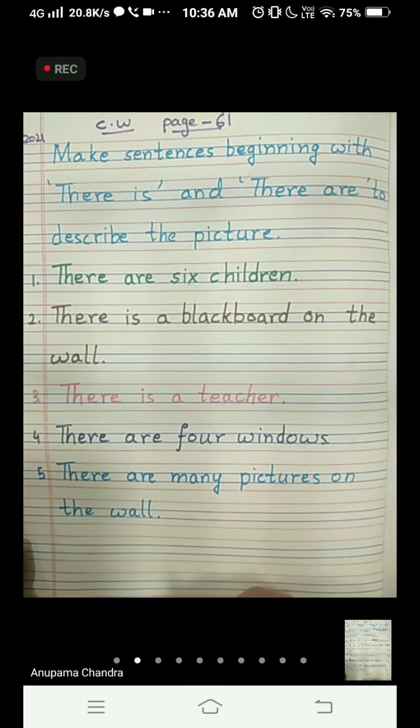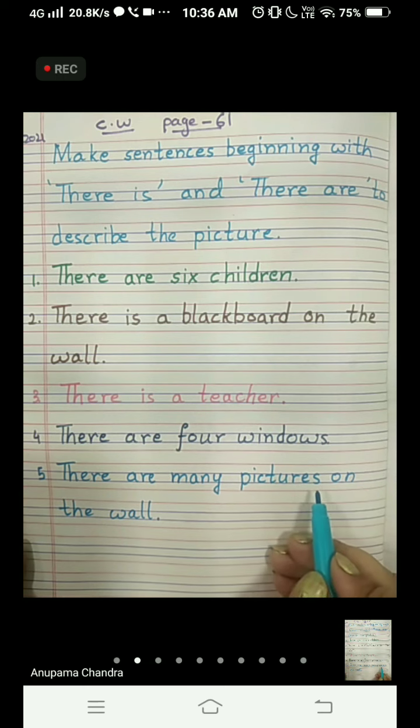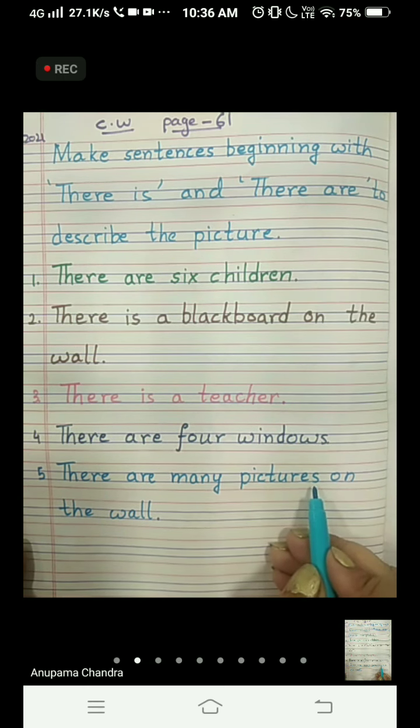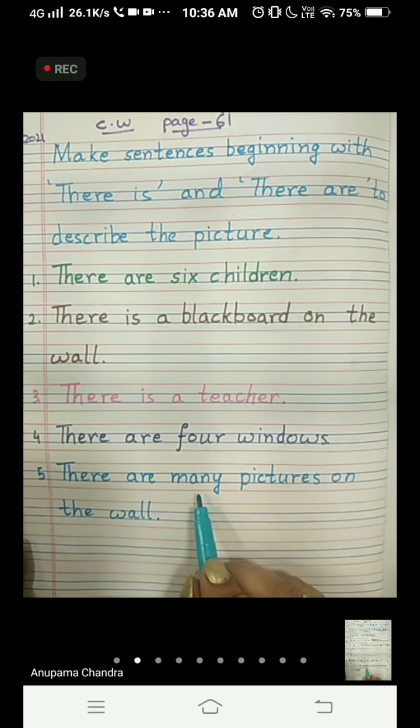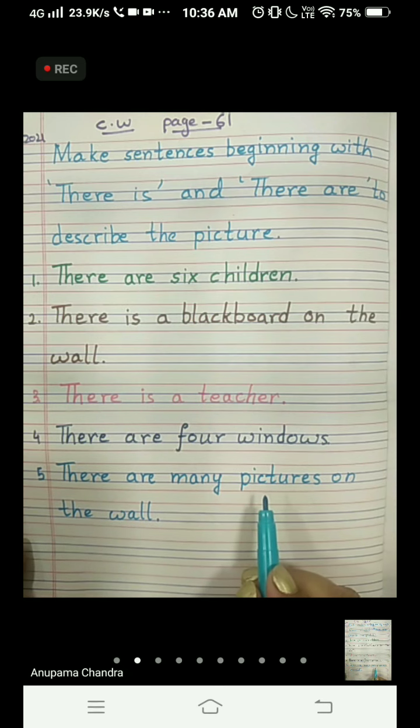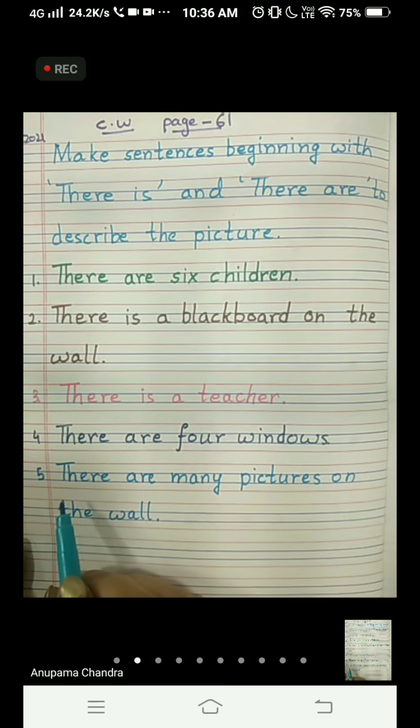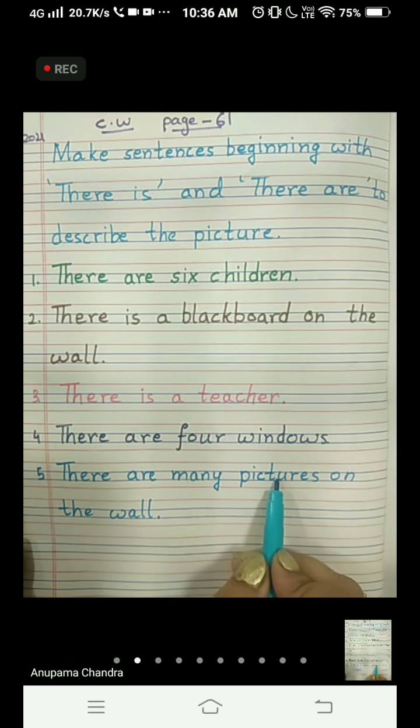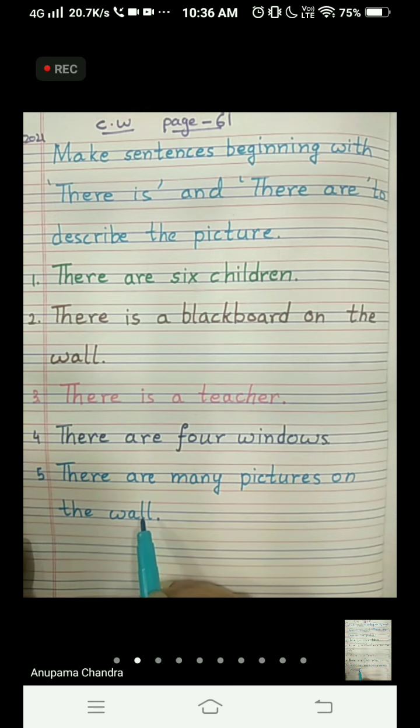Now, what are we talking about, children? Pictures. S is there, that means picture is more than one. Many again shows that pictures are more than one. Many pictures, more than one pictures. Okay? Many pictures on the wall. So, when we are talking about more than one picture, we are going to start our sentence with there are. So, the sentence is, there are many pictures on the wall.